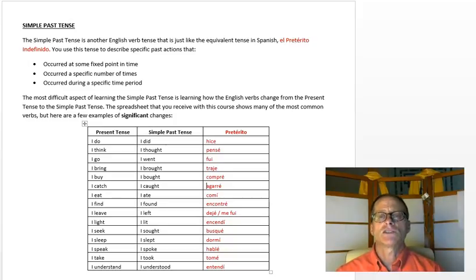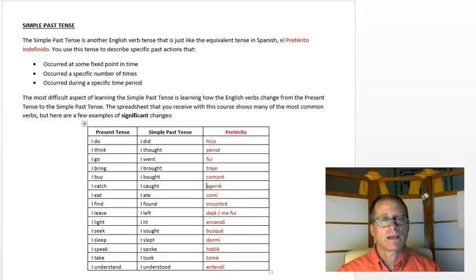The spreadsheet that you receive with this course shows many of the most common verbs, but here are a few examples of significant changes between the present tense and the past tense in English. For example, in the present tense column, I do becomes I did, and then the pretérito hice. In the present, I say I think.